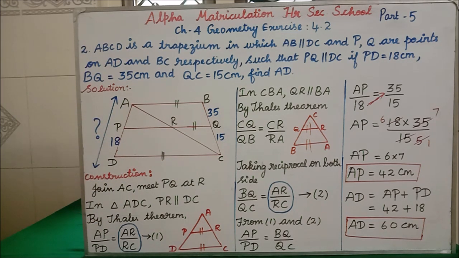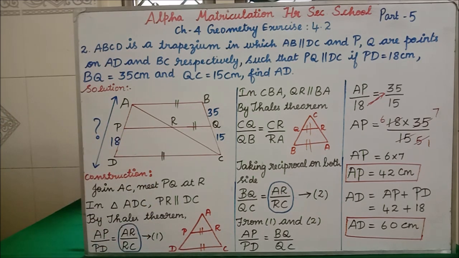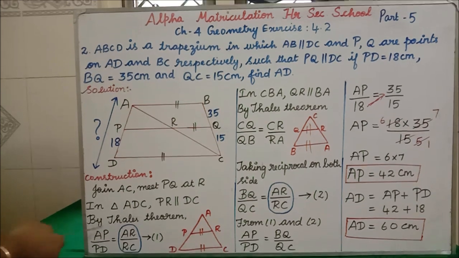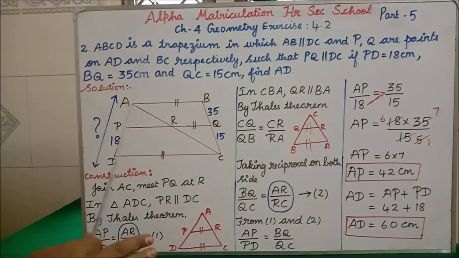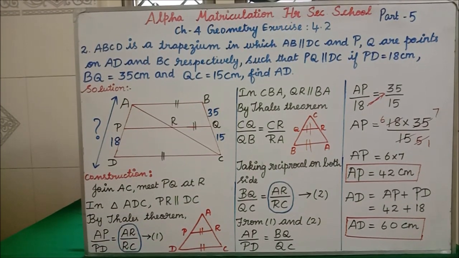So in triangle ADC, where PR is parallel to DC, immediately our mind should think about what? Thales theorem. So we apply Thales theorem. The corresponding sides divide in the same ratio. So AP divided by PD is equal to AR divided by RC. Here, mark this as 1.